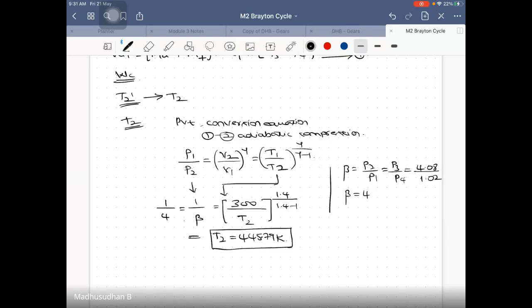Okay. Now, as soon as you calculate T2, for the next step you require the efficiency of the compressor.